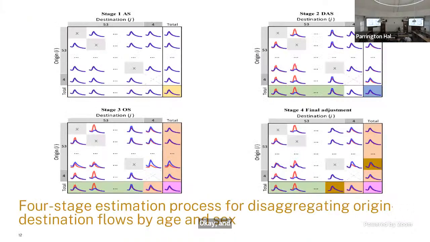So for that, that's what this next one is, kind of the second major stage, where we assume those total flows that we estimated are true and exact, and then we proportion those out by age and sex, in a way that we can get differentiation, different shapes.